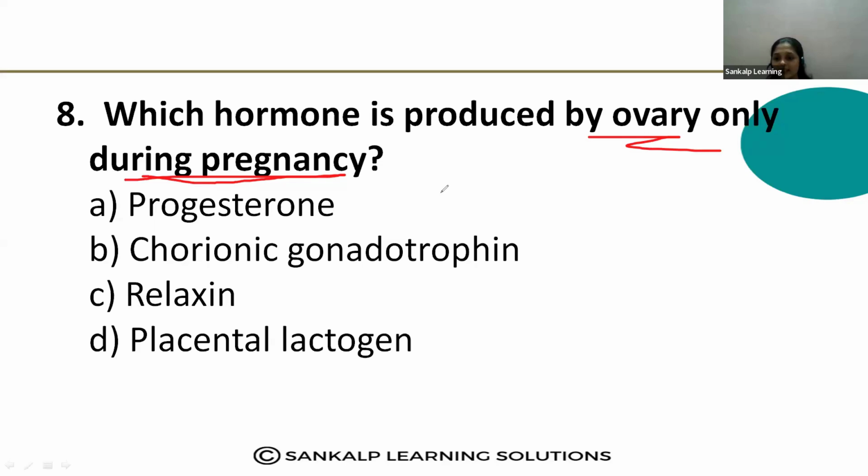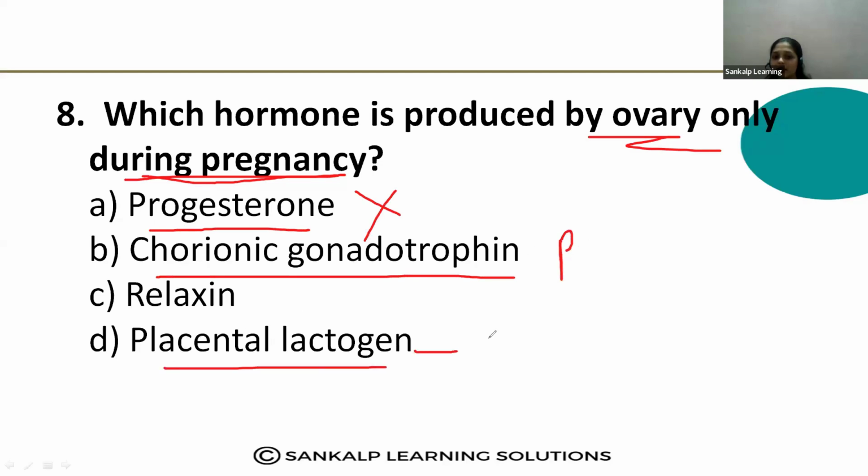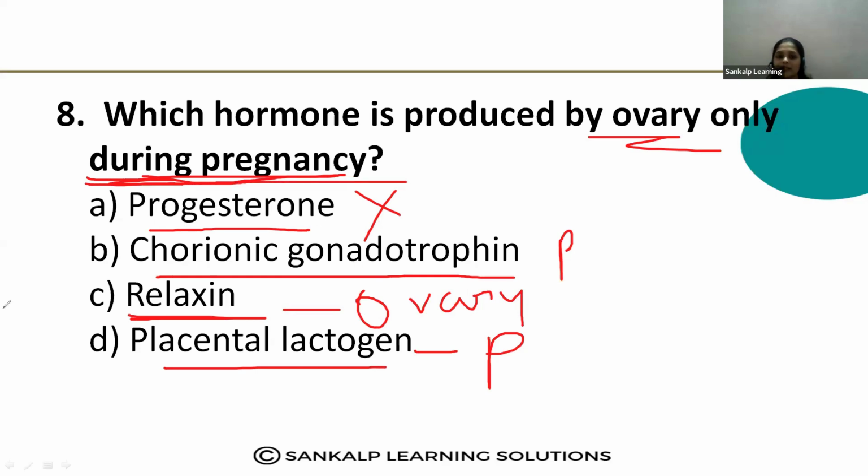Option C, relaxin. Yes, very good. Many are writing the answer. Progesterone is not produced by the ovary, and human chorionic gonadotropin is released by the placenta. Placental lactogen is also by the placenta, but relaxin is secreted by the ovary, but only during the pregnancy. Remember this point, only during the pregnancy.